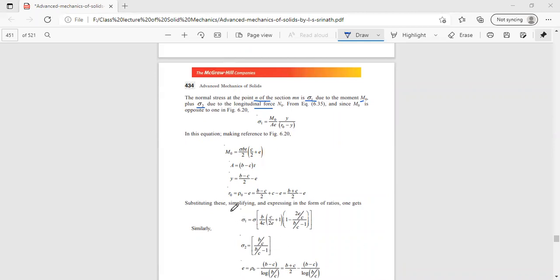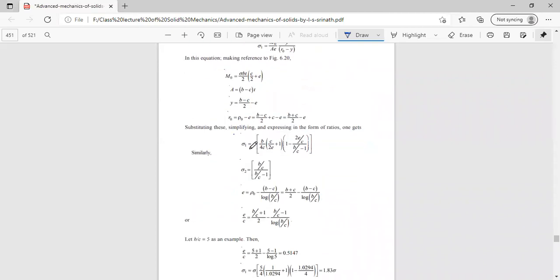Substituting this, simplifying and expressing in the form of radius, one can get sigma 1 equal to B by 4C, C by 2E plus 1, and 1 minus 2E by C itself, B minus C equal to minus 1 itself.